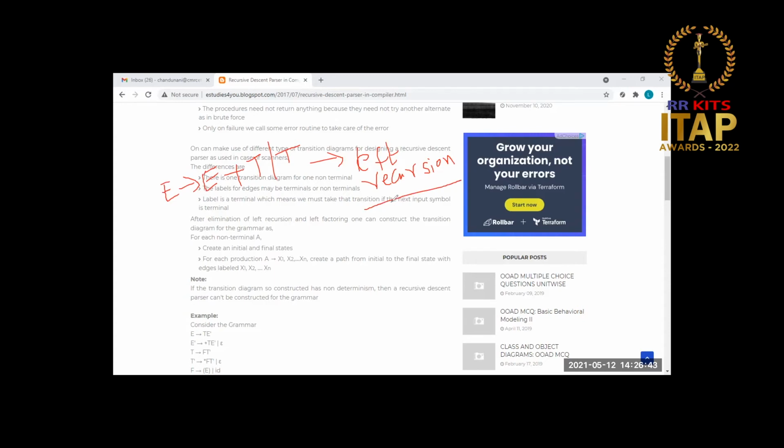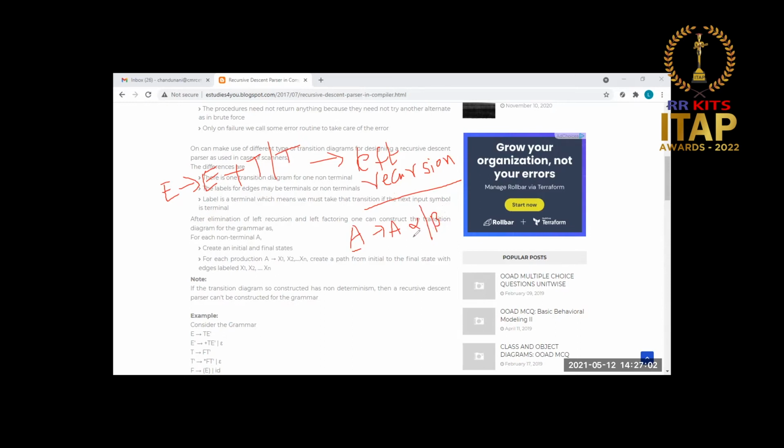So what is the general format of left recursion? The form should be A tends to A alpha or beta. Here capital A should be the non-terminal, that is capital letters, and alpha and beta can be either terminal symbols or non-terminal symbols, whatever it may be.